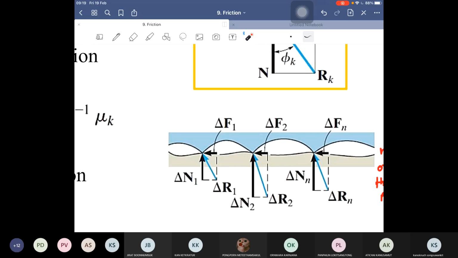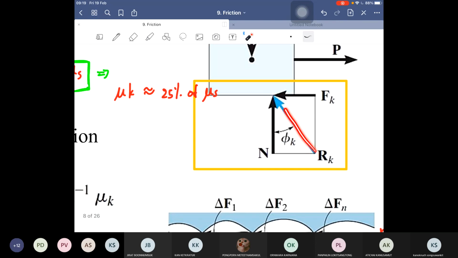Like in the impending motion system, the normal force N and frictional force F can be reduced into one resultant force, R. And this R acts with N along the phi k direction. You can also find this angle by using the trigonometric method. It is from one triangle, so you can find this angle by using arctan.